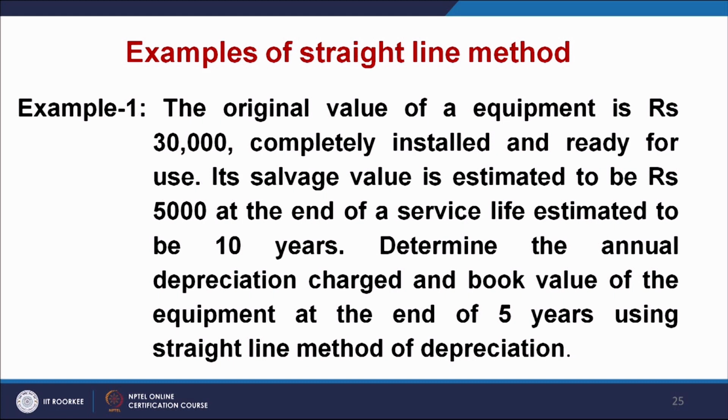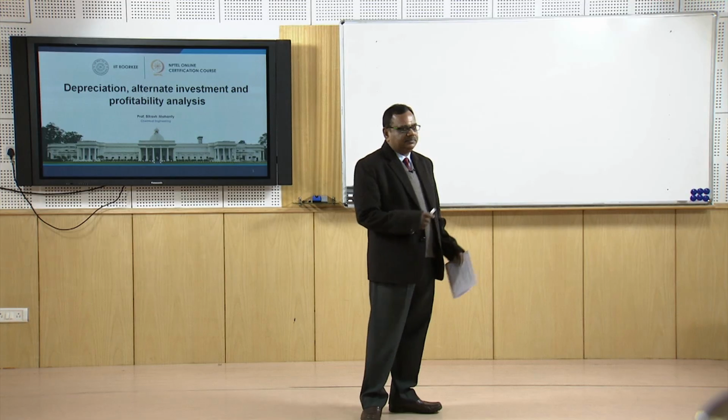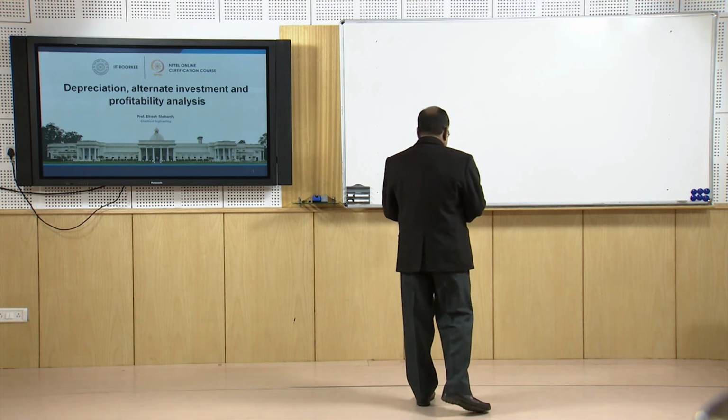Its salvage value is estimated to be rupees 5,000 at the end of a service life estimated to be 10 years. Determine the annual depreciation charge and the book value of the equipment at the end of 5 years using the straight line method of depreciation. So, let us solve this.